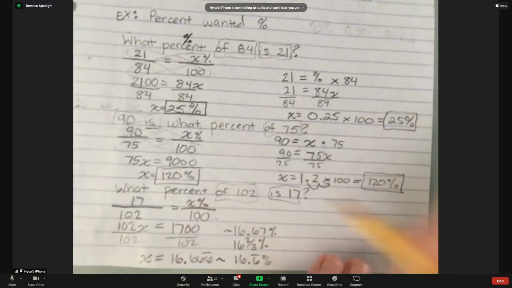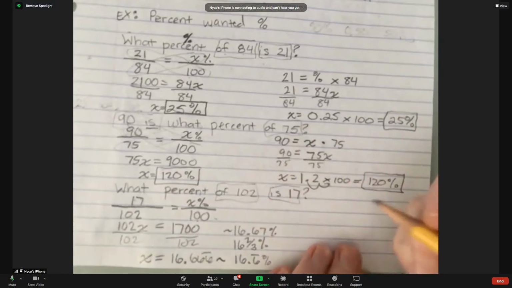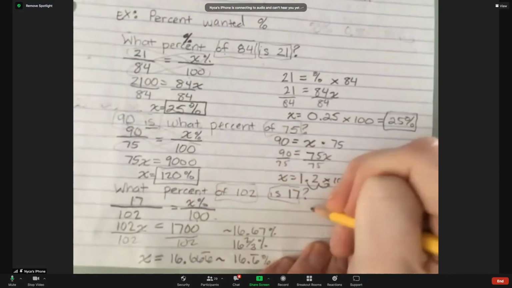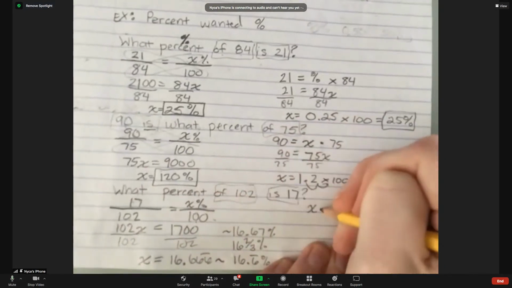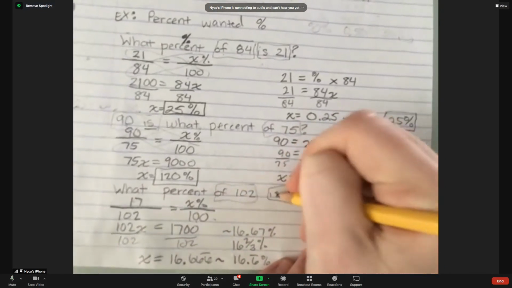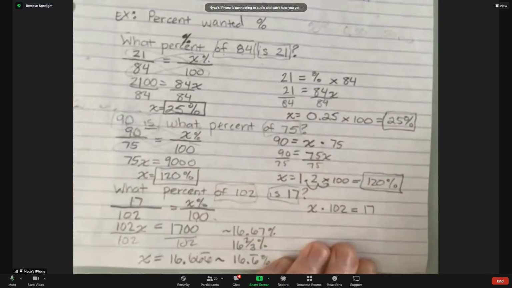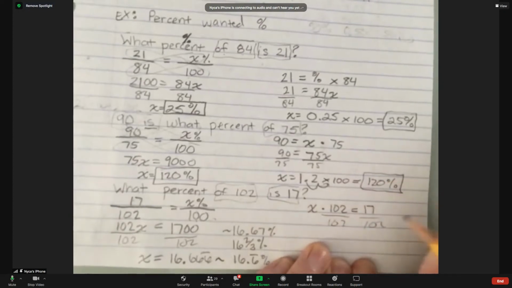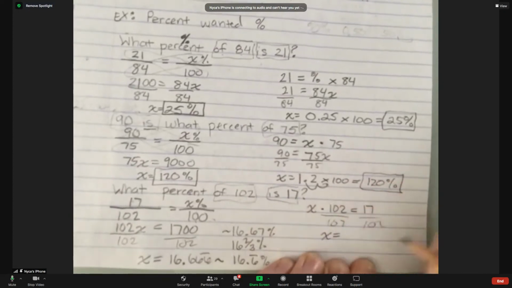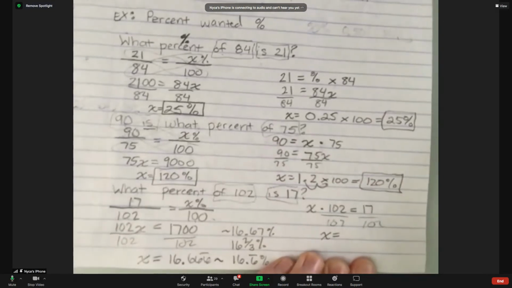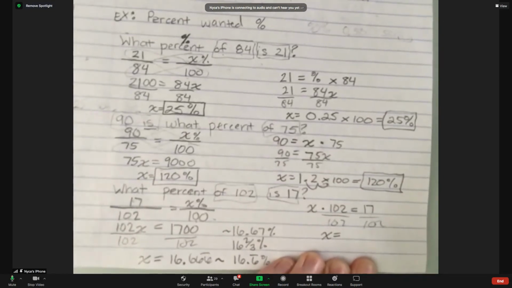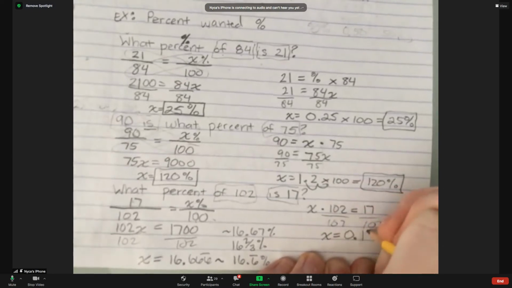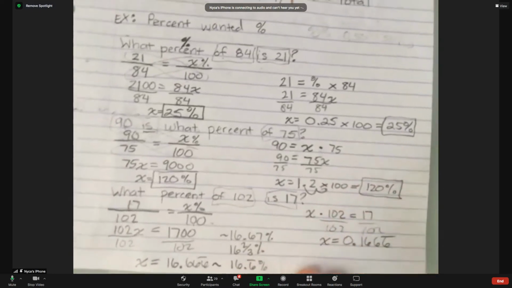If you did this problem using the words in math, then again, you're going to have what percent of 102 means equals 17. At this point, you see you need to divide by 102, divide by 102. Then you have x equals, when you divide 17 by 102, you'll get 0.1666, and it will just keep going.